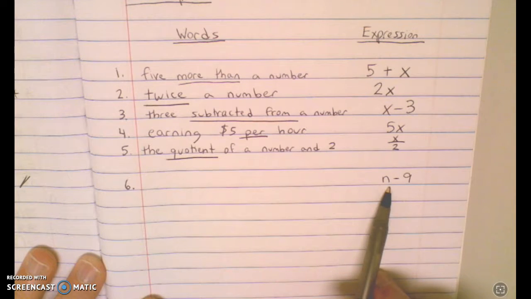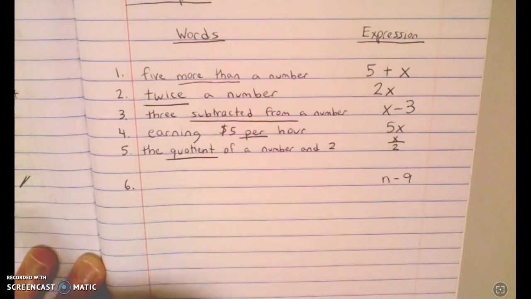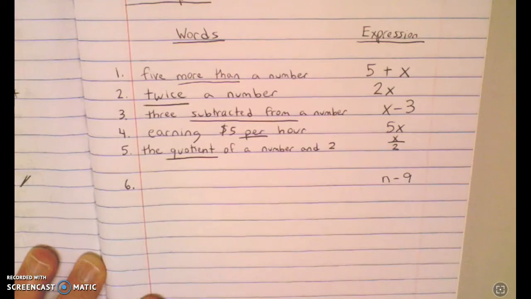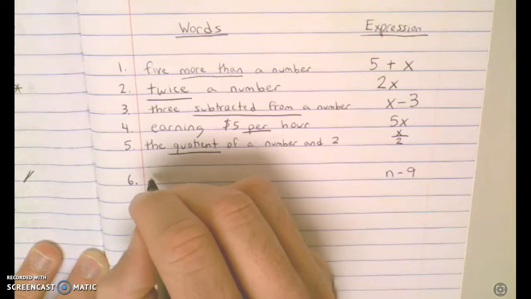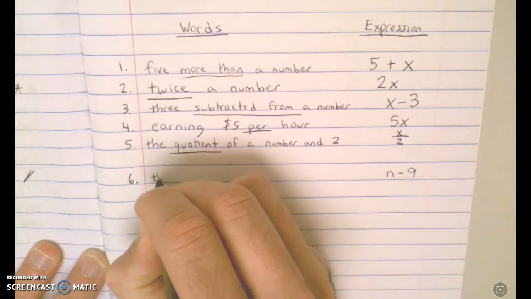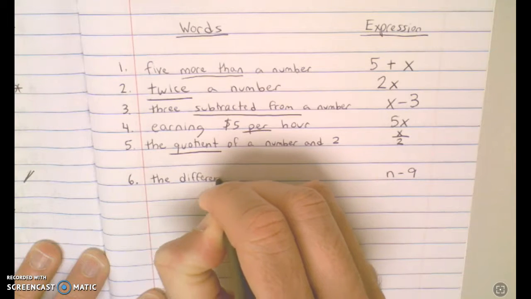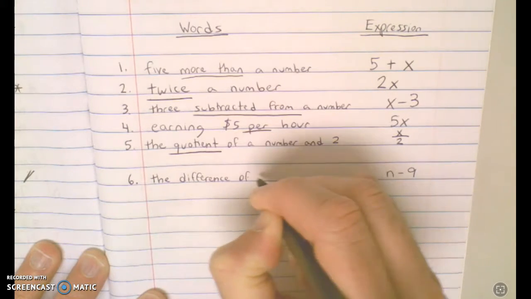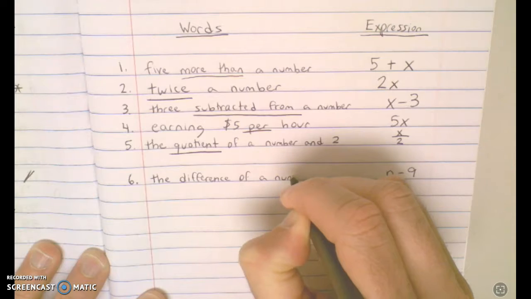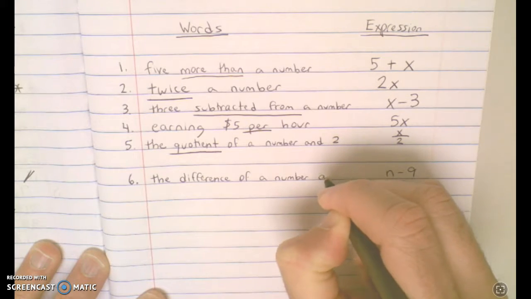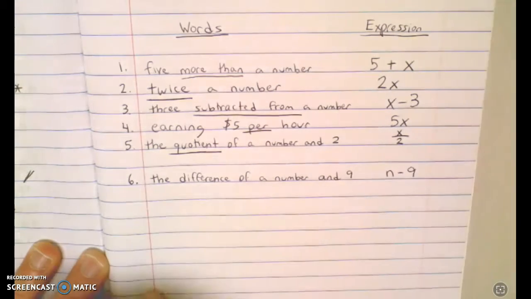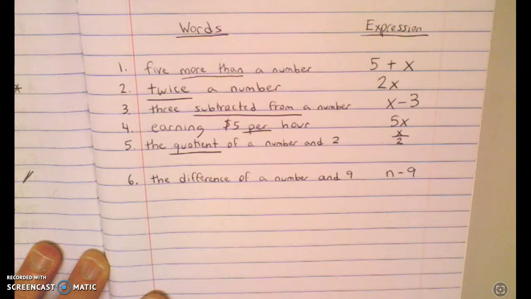You could write down what I just said, n minus 9. Or you could use another one of the words from the subtraction list. How about we use the word difference? We'll say the difference of a number and 9. That would give you n minus 9.